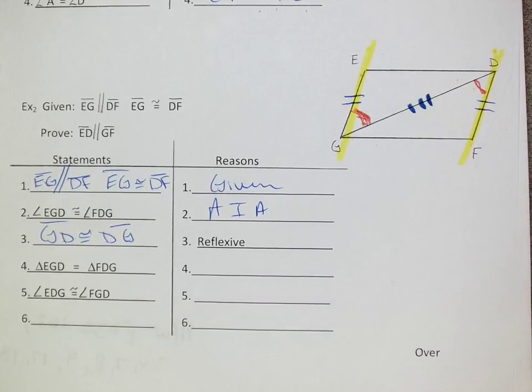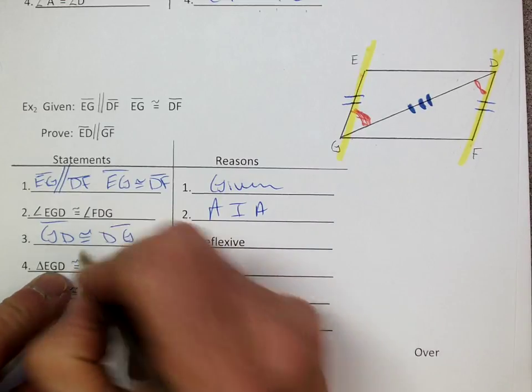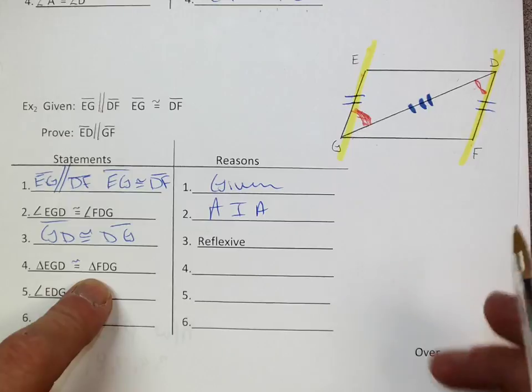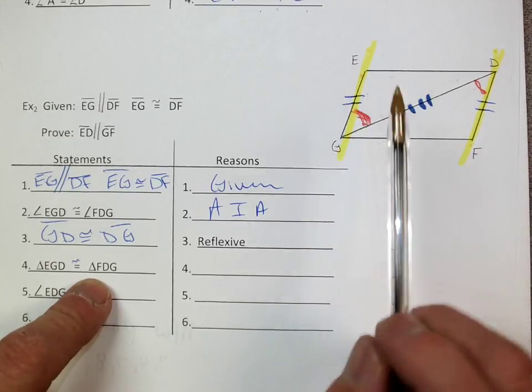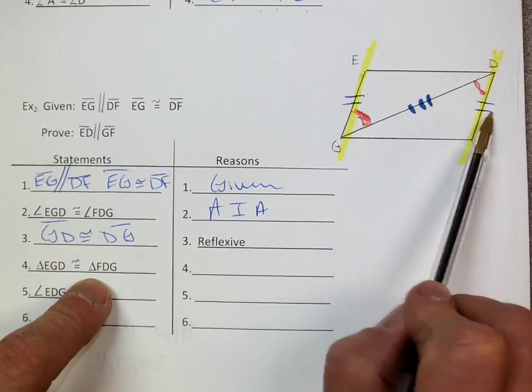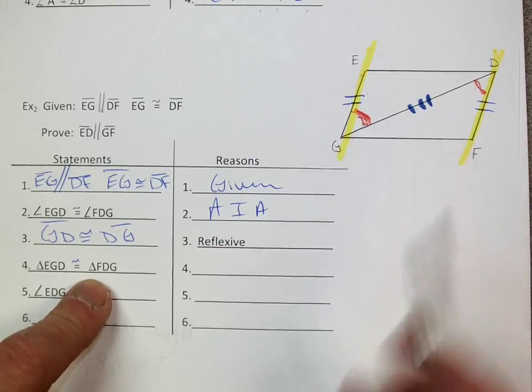I have three things, don't I? So if we've got the three things, let's say the triangles are congruent by one of those five, right? So we've got triangle EGD is congruent to triangle FDG by what reason? Let's see, we've got a side angle side to a side angle side, right?